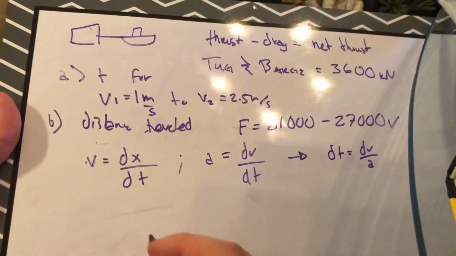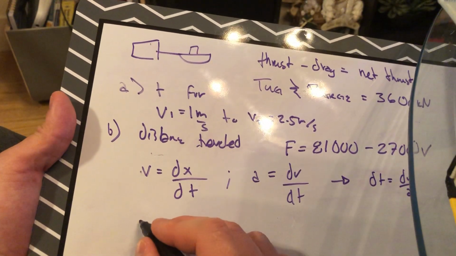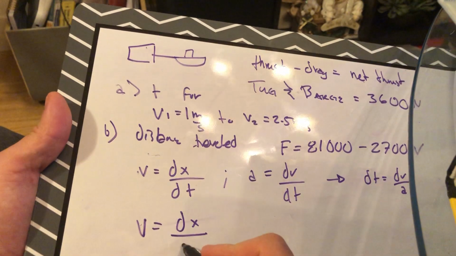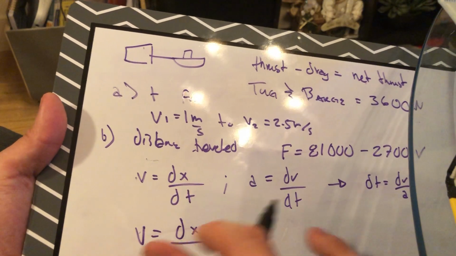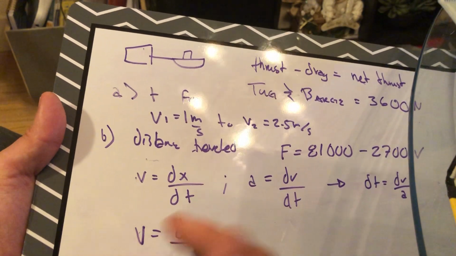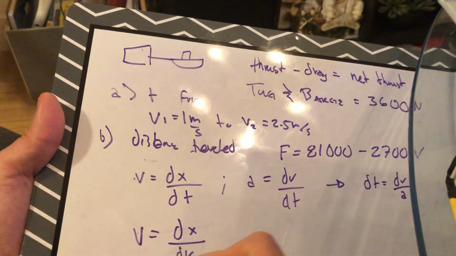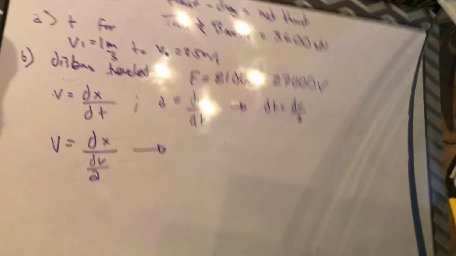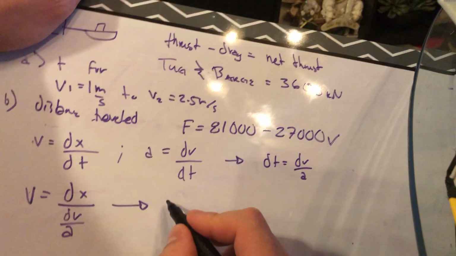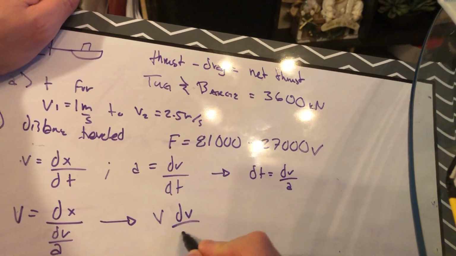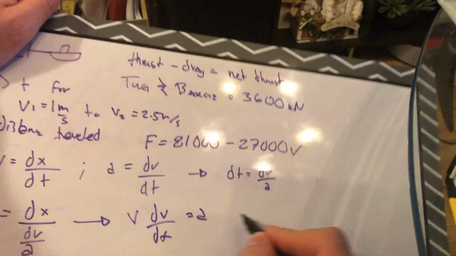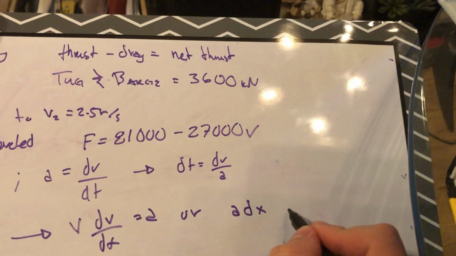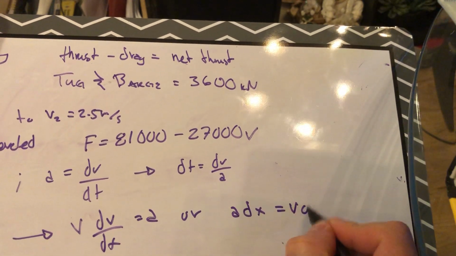This is just a little bit of algebraic manipulation. So we're going to have v equals dx over dt, and sub in for this dt term so we don't have to worry about time. We just have to worry about velocity with respect to distance, and acceleration. That goes there, and then what we'll have is velocity dv over dx equal to a, or essentially a dx is equal to v dv.